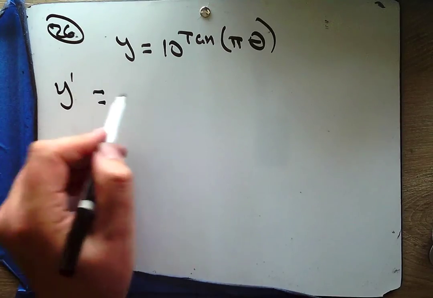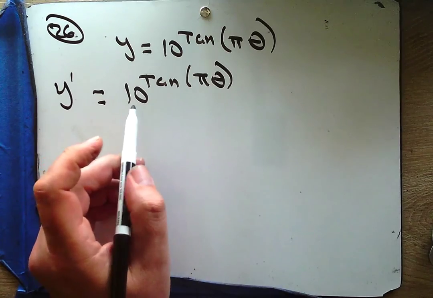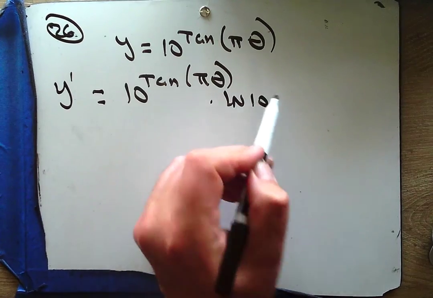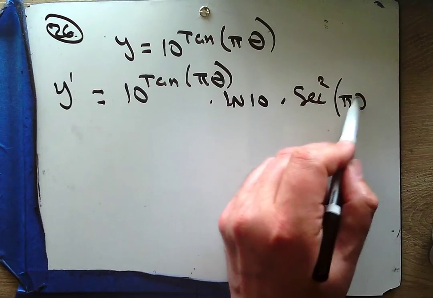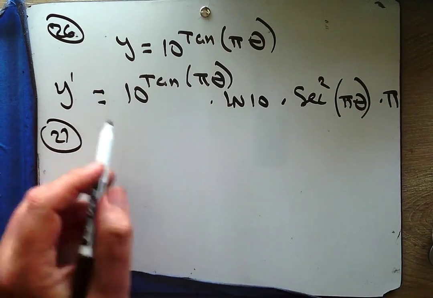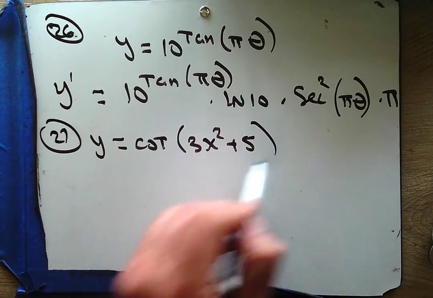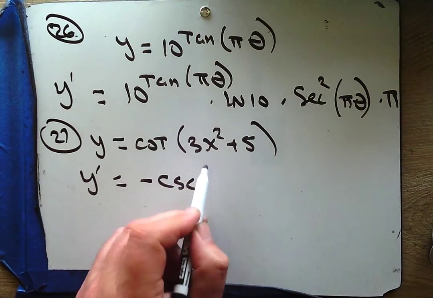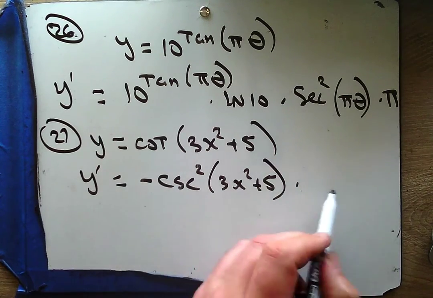So y prime, remember though, the derivative of an exponential is itself times the ln of the base times the derivative up here, which is secant squared pi theta times pi. 27, excuse me, y equals cotangent of 3x squared plus 5. Y prime, derivative of cotangent is negative cosecant squared, leave the inside stuff alone, times the derivative of that inside stuff.